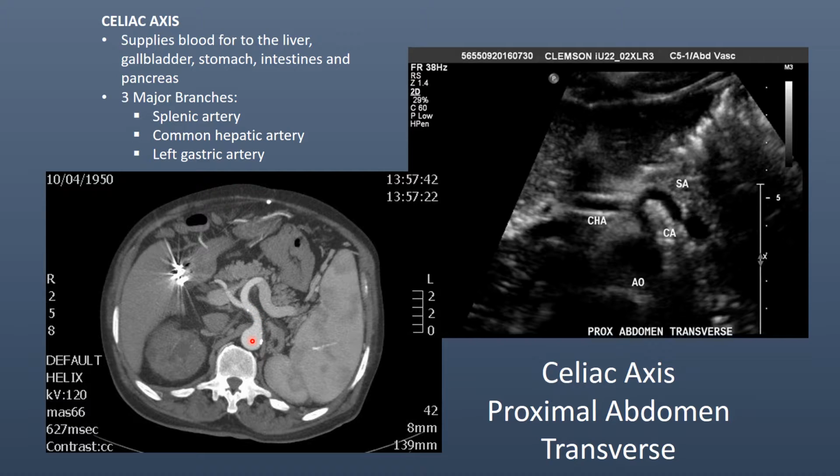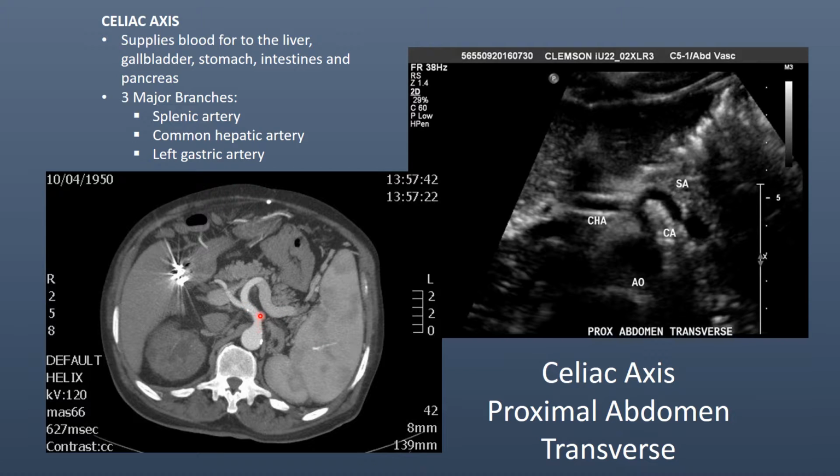Celiac axis will supply blood to the liver, the gallbladder, the stomach, the intestines, and the pancreas. And it has three major branches, which we've already mentioned, but I'll show them to you now. This branch is the splenic artery, and it's going over to the spleen, which is this organ here. Organs within the abdomen on CT tend to show up in varying shades of gray.